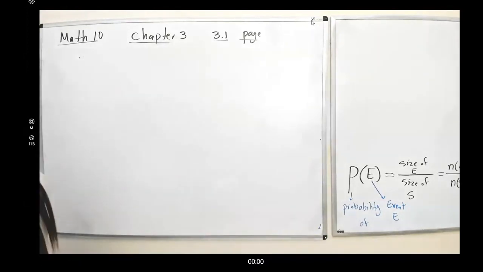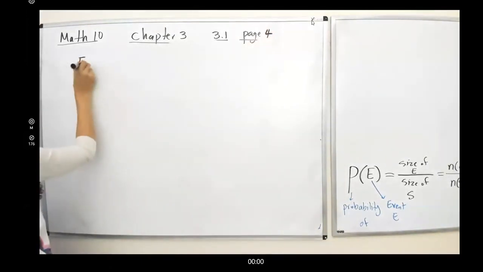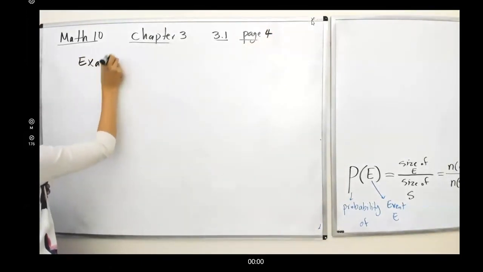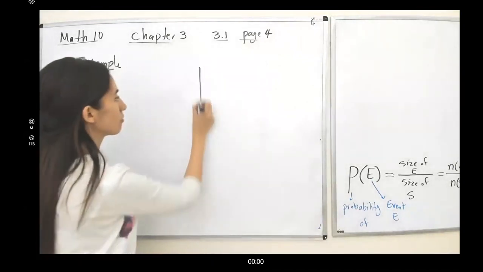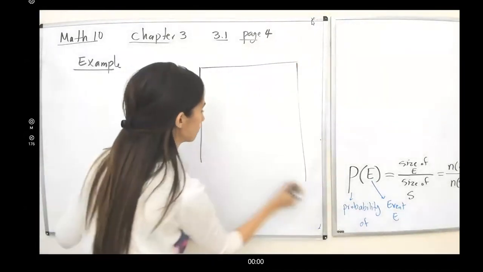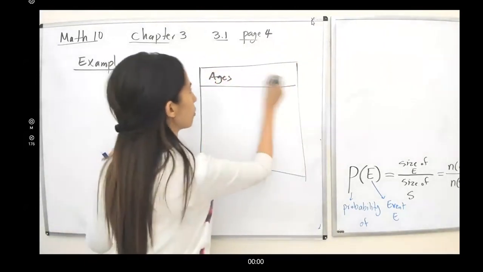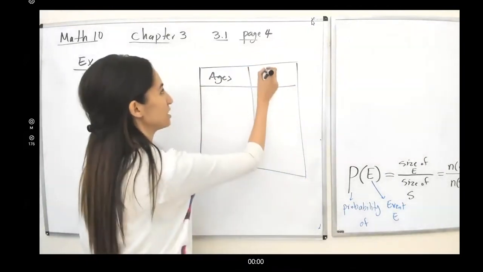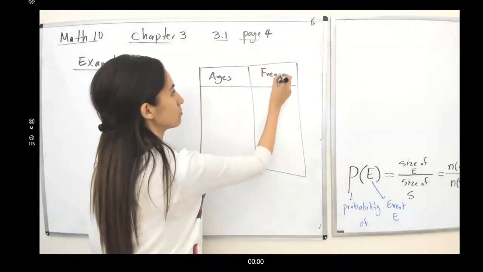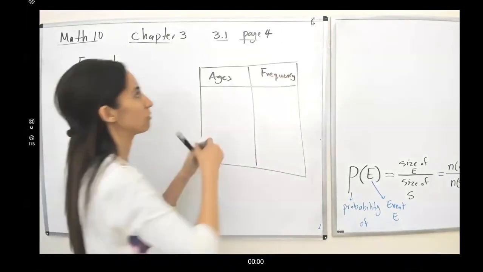Question says, you have the following table. You have some categories, you have some events, ages, and the frequency or the size of each category.